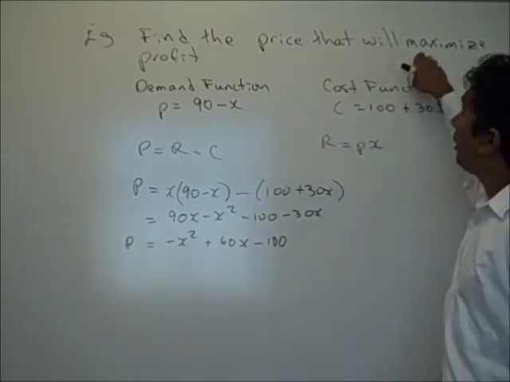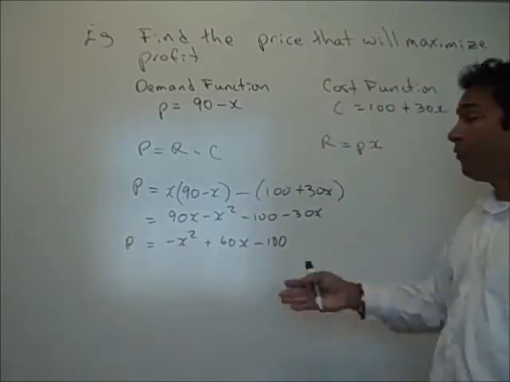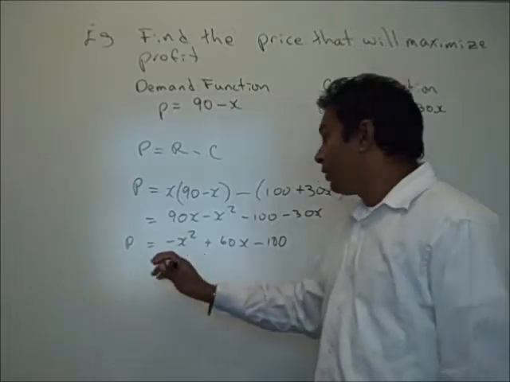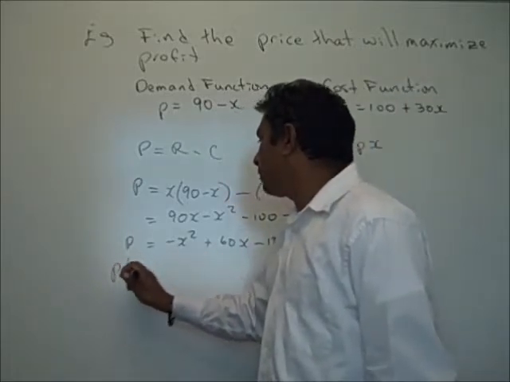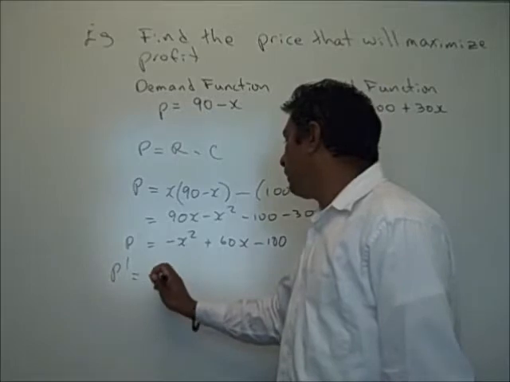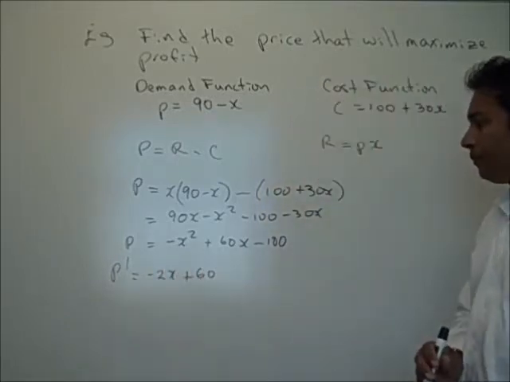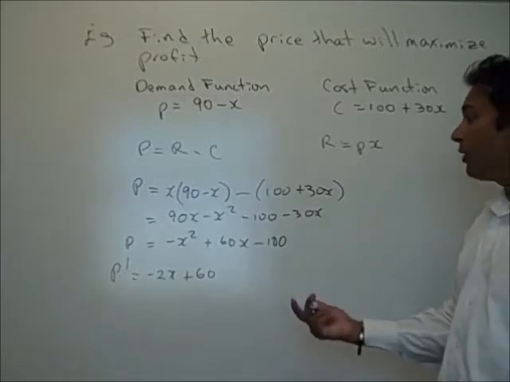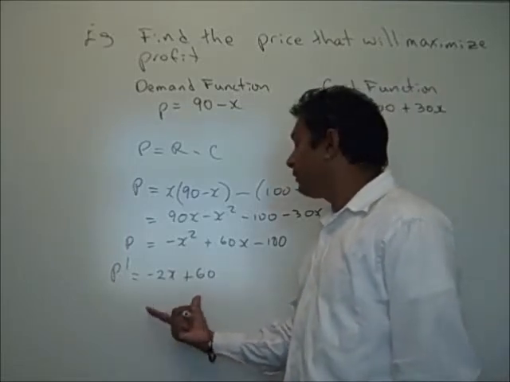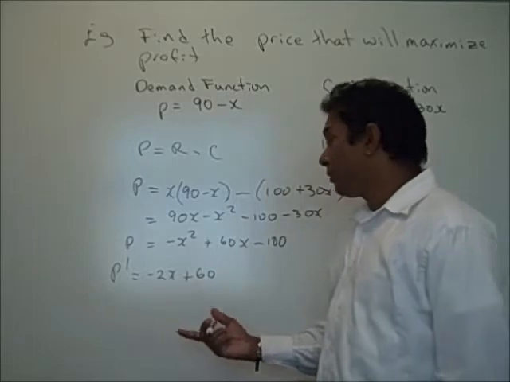Since we're trying to maximize profit, we need to find the first derivative. So our first derivative of this would be equal to negative 2x plus 60. Now we know our critical value occurs where our first derivative is equal to 0 or where it's undefined.